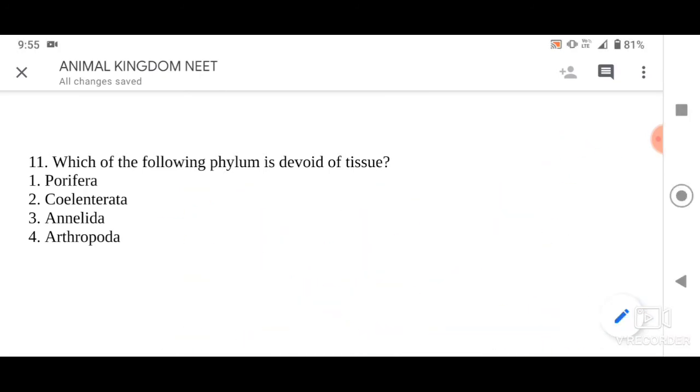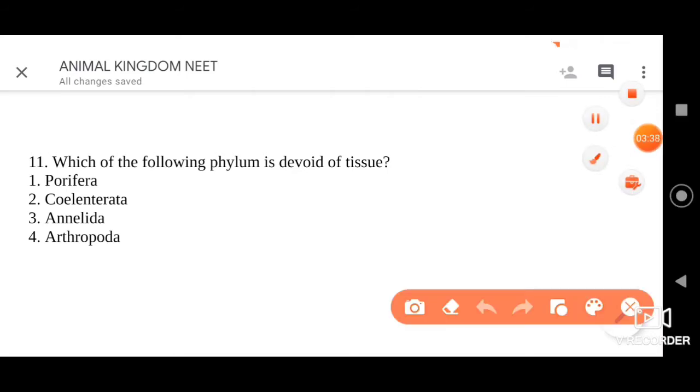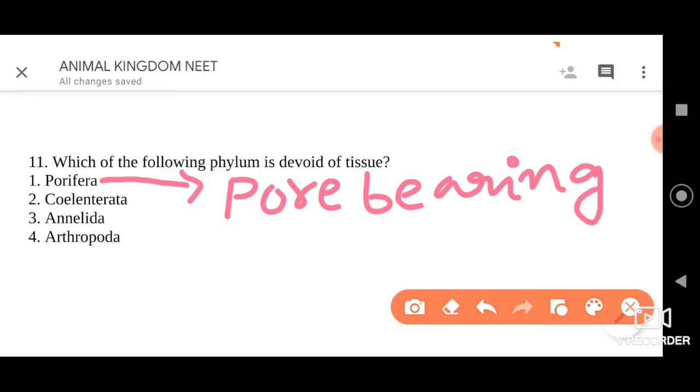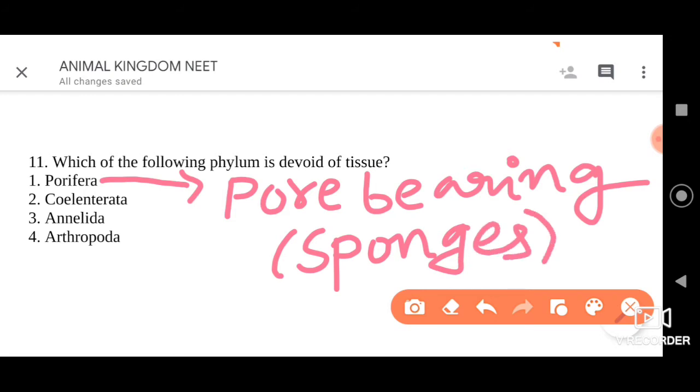Moving on to the next, we have Porifera. These organisms are referred to as pore bearing organisms, or we can also refer to them as the sponges.